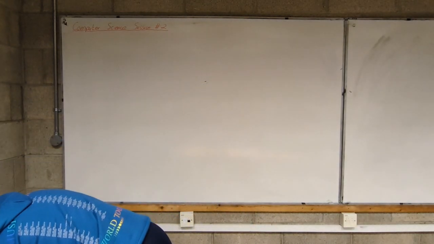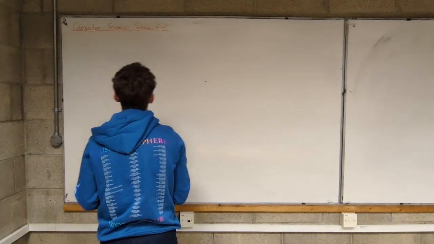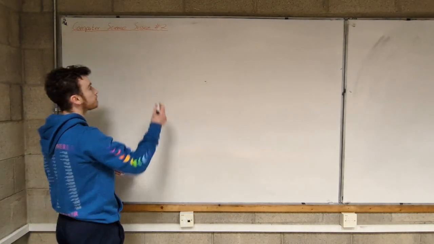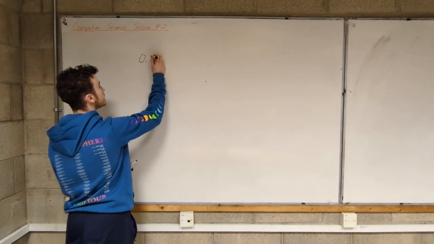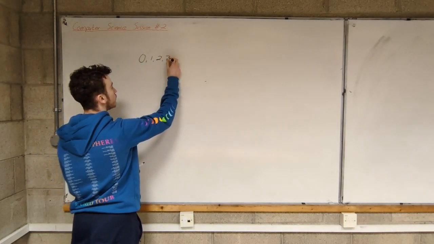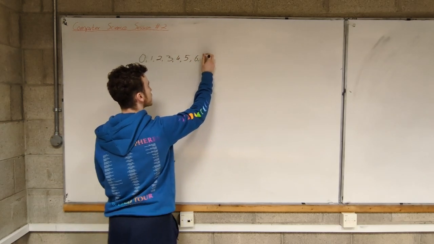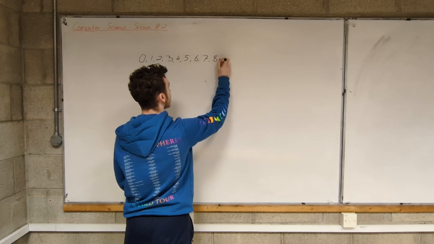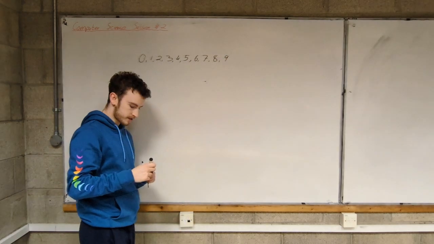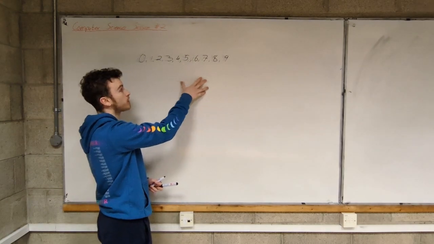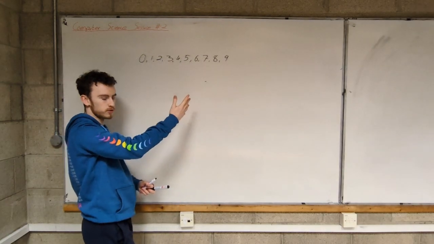What does that mean? So the numbers that you and I are familiar with are 0, 1, 2, 3, 4, 5, 6, 7, 8, and 9. There are basic numbers, and then every number that comes after 9 is made up of some combination of 2 or more of these numbers, right?